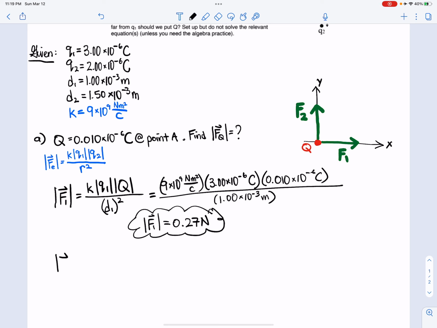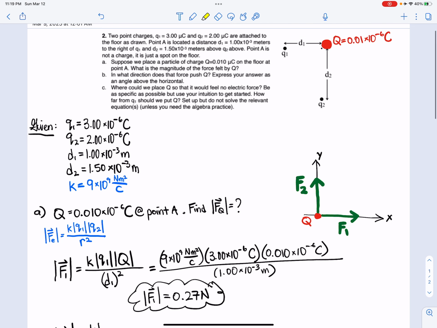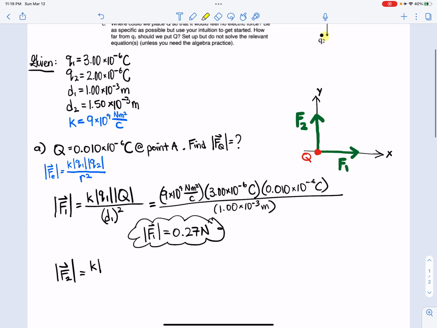Okay. And the force due to Q2 that is felt on capital Q is going to be equal to K. And this time the source charge is not Q1, but this time the source charge is Q2, right? That's why it's important to understand this equation. You can't just plug in Q1 or Q2. You have to understand, what does Q1 mean here? This is a source charge.